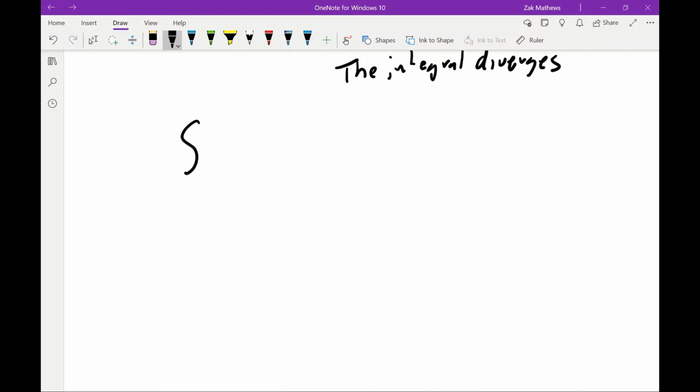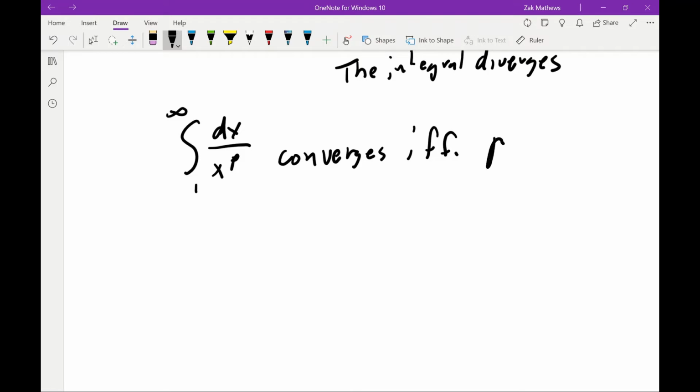So the integral from 1 to infinity dx over x to the p converges if and only if p is greater than 1, and its value is 1 over p minus 1. So this gives us a nice known fact to work with our integral convergence.